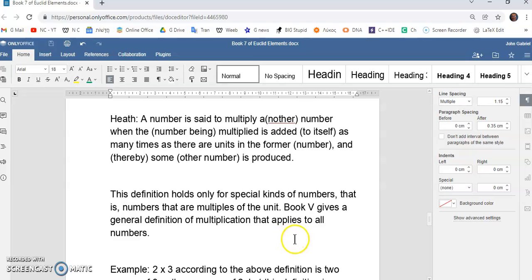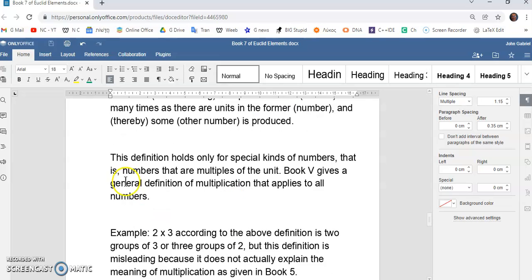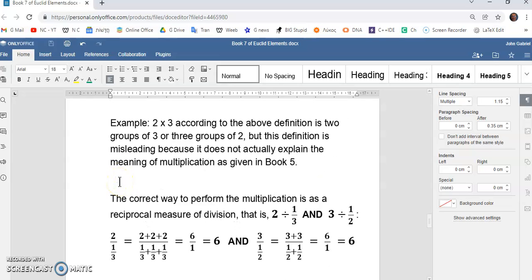In other words, what are commonly known as natural numbers. So book 5 gives a general definition to multiplication that applies to all numbers. In this particular definition, 2 multiplied by 3 means 2 groups of 3 or 3 groups of 2. But this definition is misleading because it does not actually explain the meaning of multiplication as given in book 5.